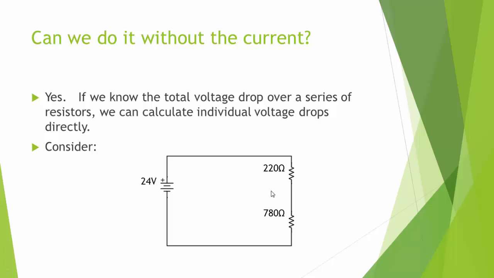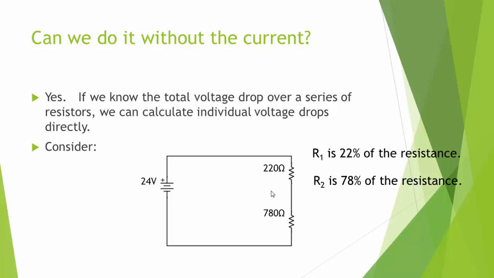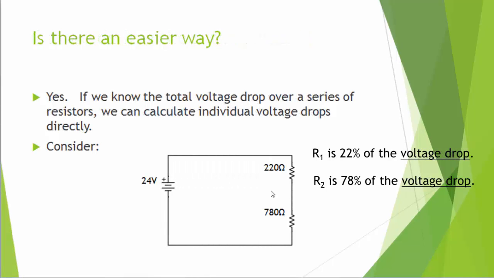Why? Because the voltage drop is proportional to the resistance. So all we have to do is realize that the overall resistance is 1,000 ohms. R1 is 22% of that. R2 is 78% of that. And then we can say of the overall 24 volts of drop across the two resistors, 22% is from resistor 1 and 78% is resistor 2.